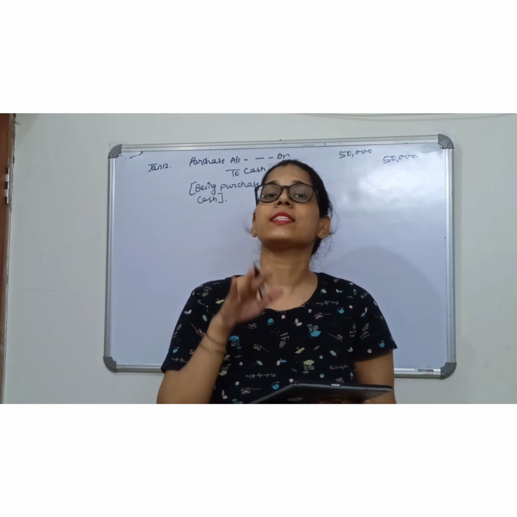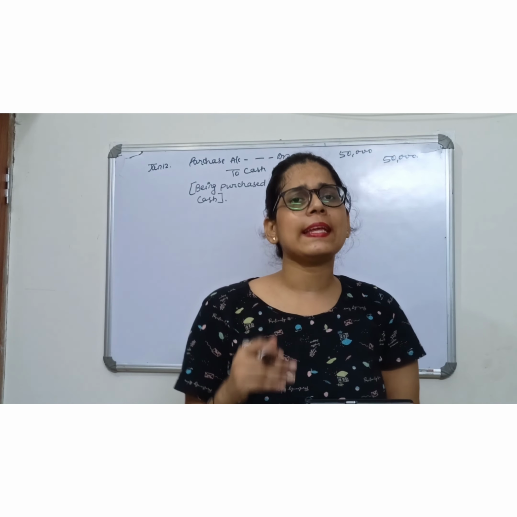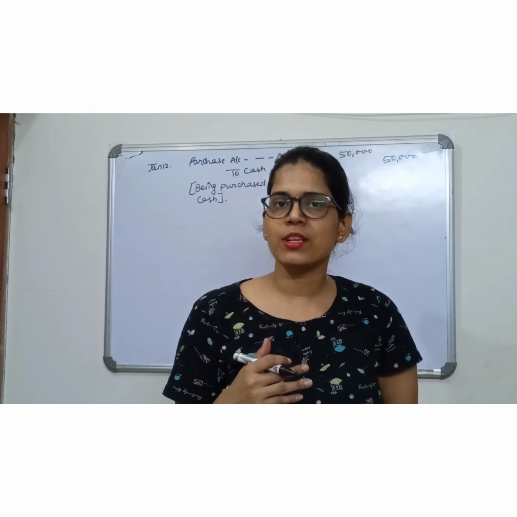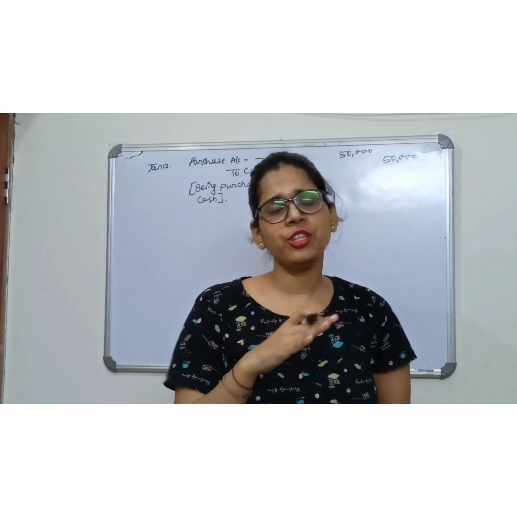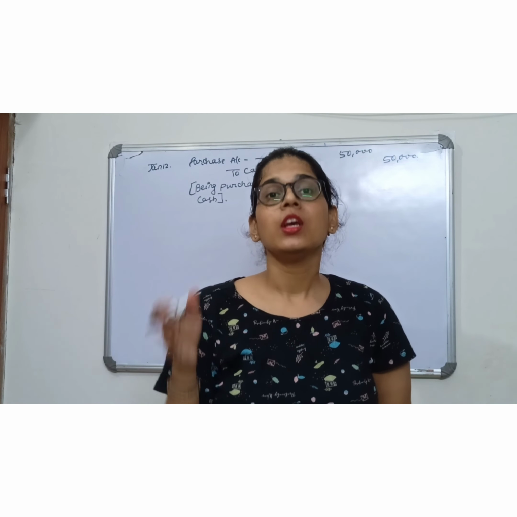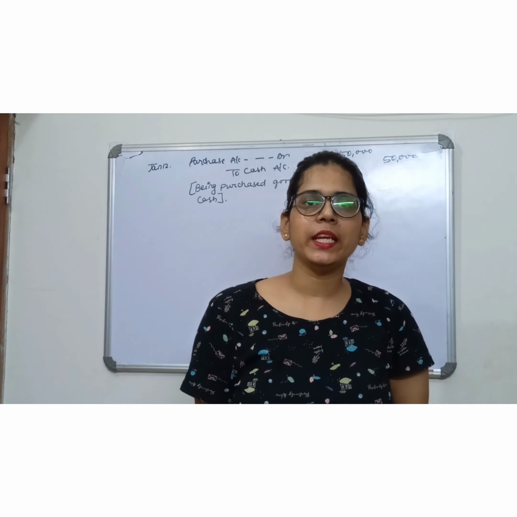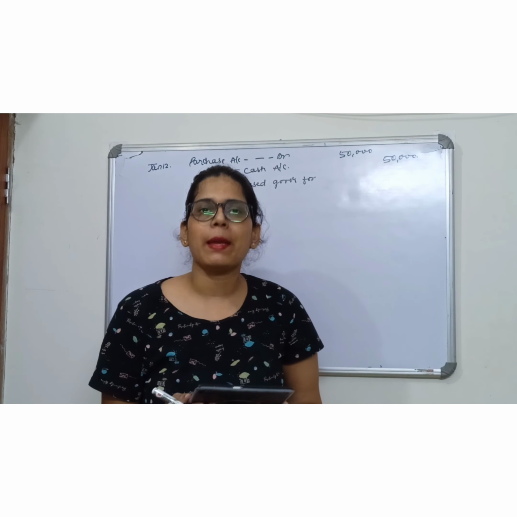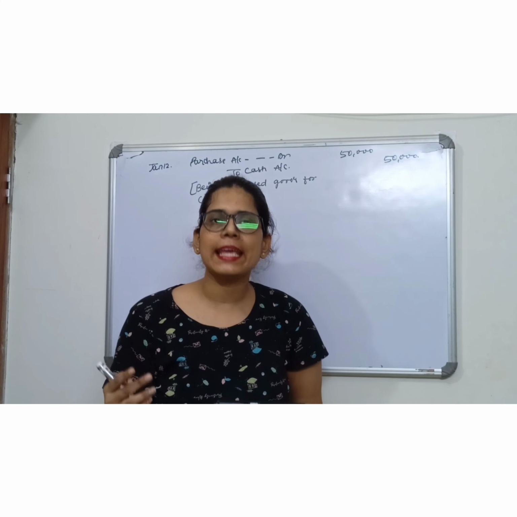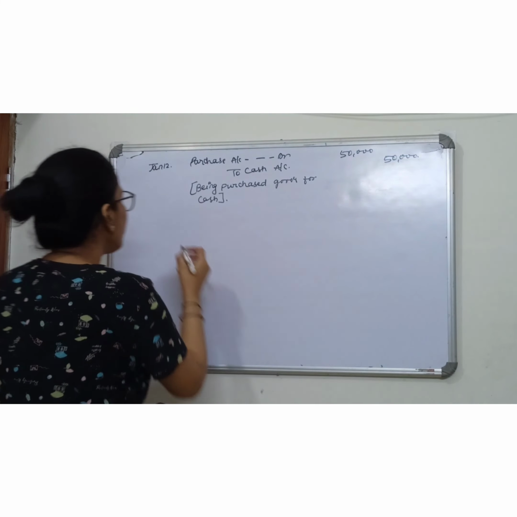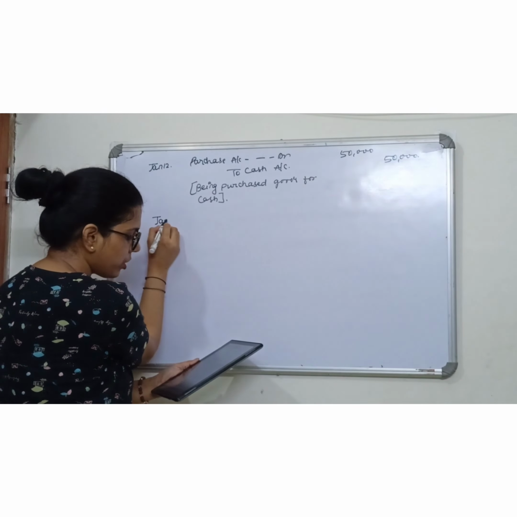Because nothing else has been mentioned. So we will take the transaction as a cash transaction and hence I will treat it as a cash transaction, of course. So the entry will be cash account debit because cash is coming in to sales. Okay, I hope you guys have understood. The date is January 15.